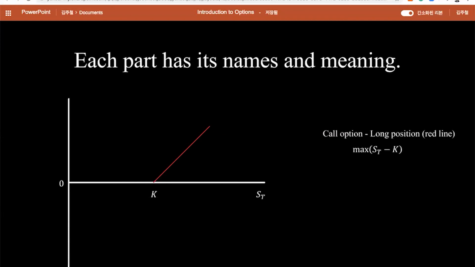And can you see what was wrong here? It was not intentional, but I made a mistake. So I'm gonna see how many of you can see what is the right formula for this long position.